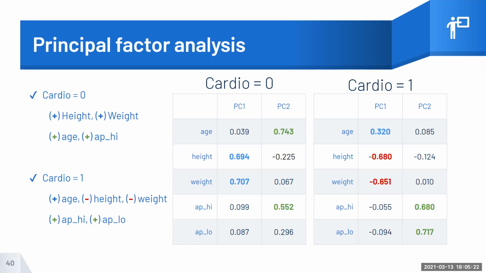For cardio equals 0, we found that the first principal component had positive high values for height and weight, and the second principal component had positive high values in age and systolic blood pressure. But when cardio equals 1, for principal component 1, we found a dichotomous scale with a positive value for age and negative values for height and weight.